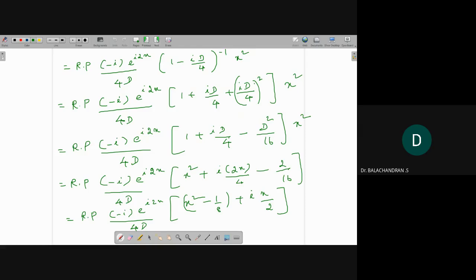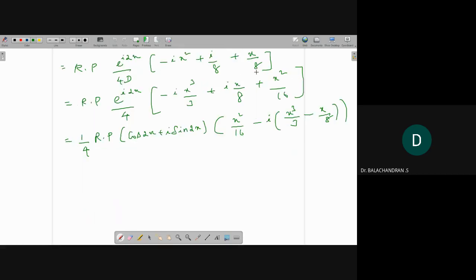Minus i x square, okay, plus the last term here. Yes, sir, this is correct? Yes, sir, this is 2, okay, thank you. Here x square by 2 into 2 is 4, and this is also 4. I think now it is correct.